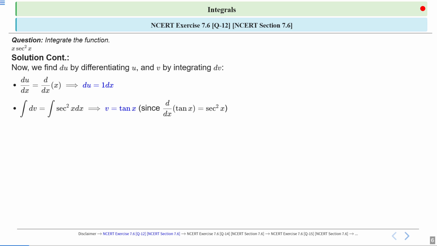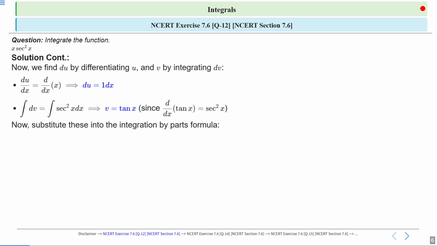And when we integrate sec square x dx, we get v is equal to tan x, because differentiation of tan x is sec square x and integration is the inverse of differentiation. So the value of du is 1 dx and the value of v is tan x.